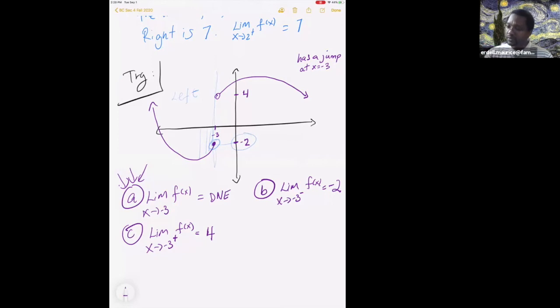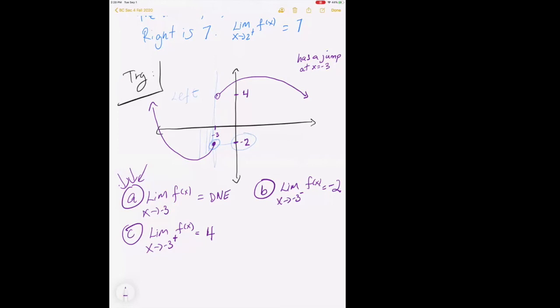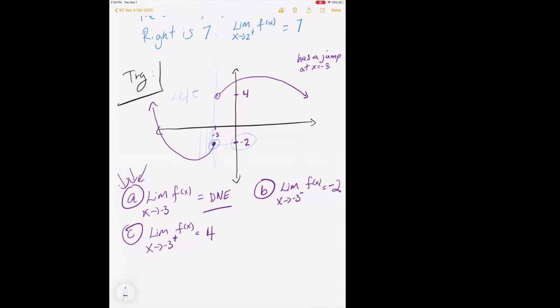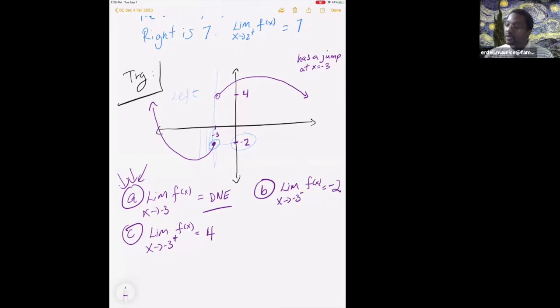Any questions so far on those three limits? All three answers make sense because answers C and B are different. When answers C and B are different, then this answer does not exist. If these two answers were the same, then D and E would be the same number as well. So how are C and B different again? When I'm finding the answer for C, I'm using this piece of the graph, so I'm focusing on this point right here.